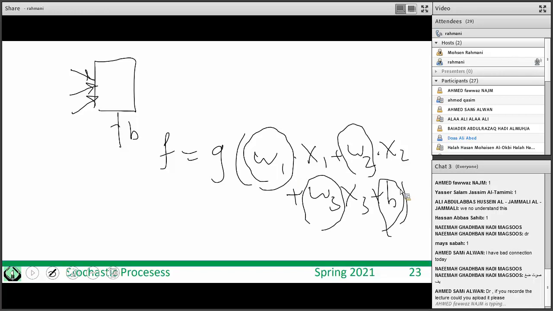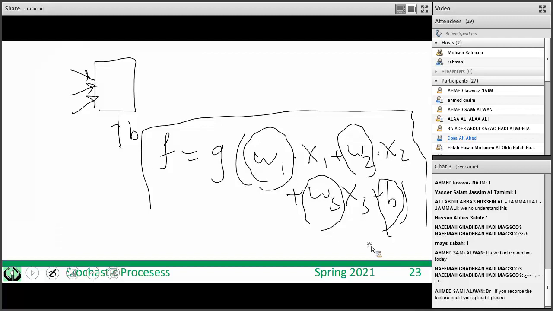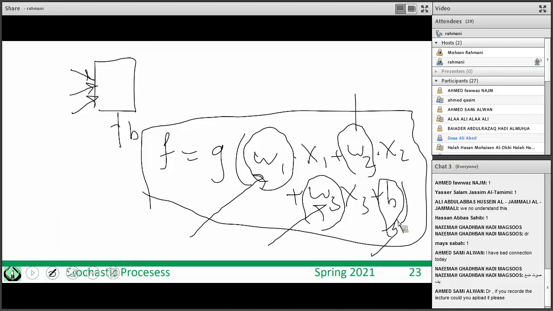How do we find this? We can use the same method as I used right now. We can use initial values for w1, w2, w3 and b, and we can update. We have the same formula for b. We can update the values of these parameters by SGD, and finally we find w1, w2, w3 and b.